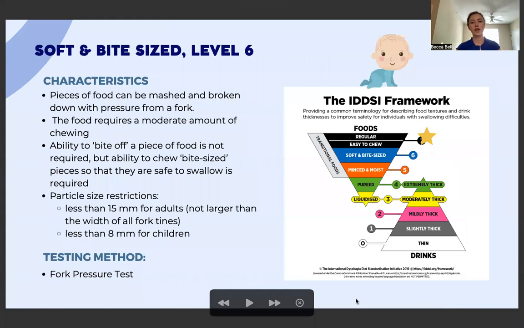Next, we have level 6, soft and bite-sized. I have an easier time remembering this level when I think about the foods that children are able to eat. These are pieces of food that are mashed and broken down with the pressure of a fork, because individuals on a soft and bite-sized diet aren't necessarily able to bite yet, but they can still mash food in their mouth if it's in small bite-sized pieces.